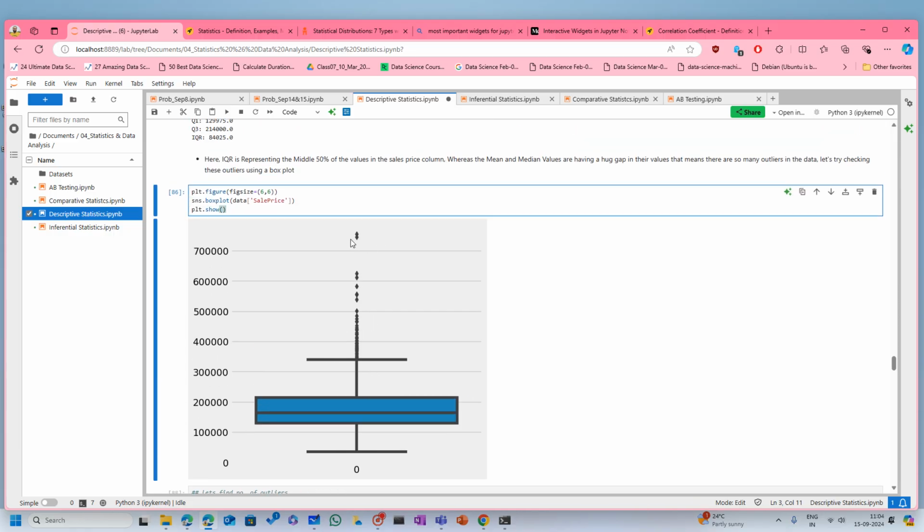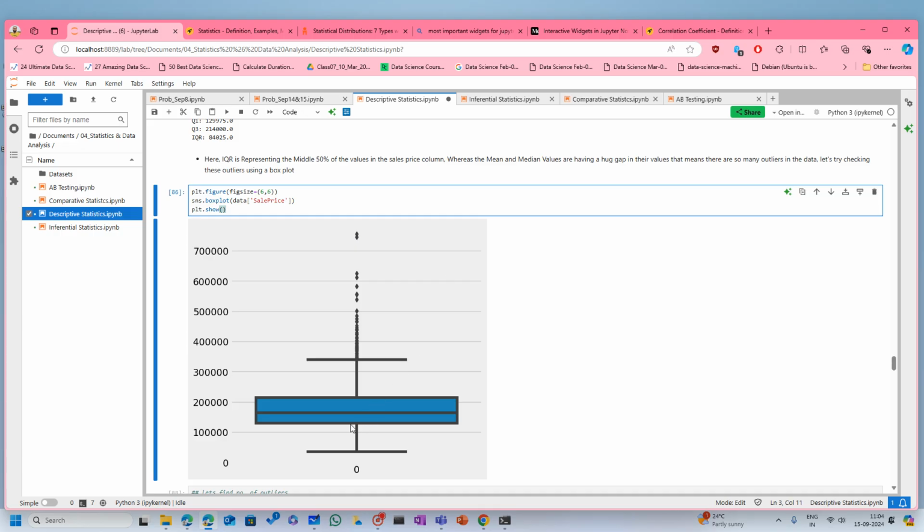Now see all these points that are above this value. First let me explain this plot. This lower value is the minimum value. The highest point is the maximum value.